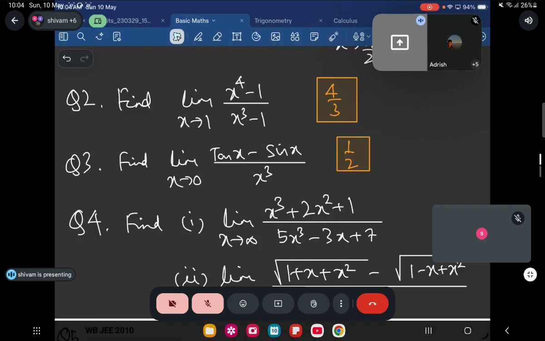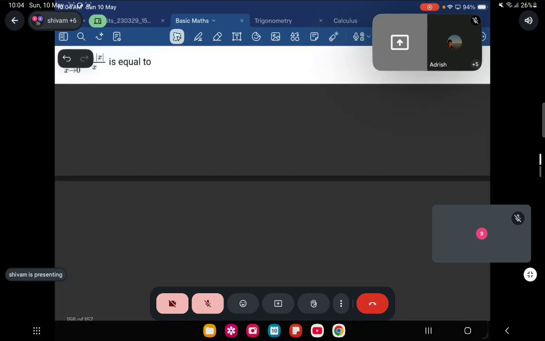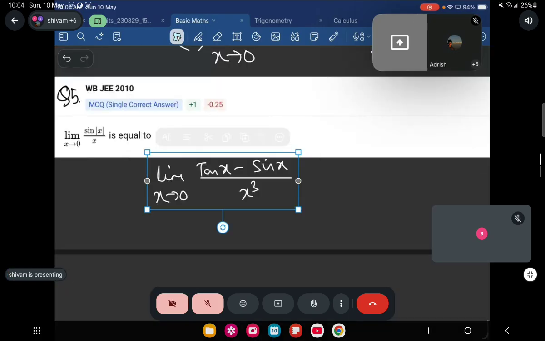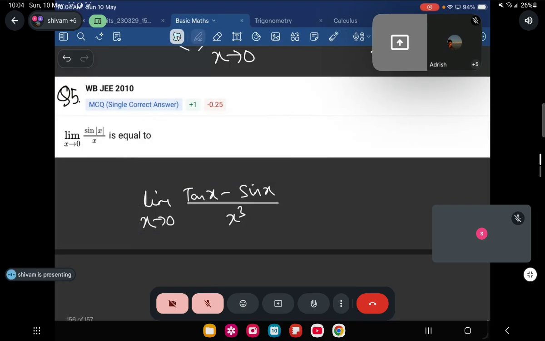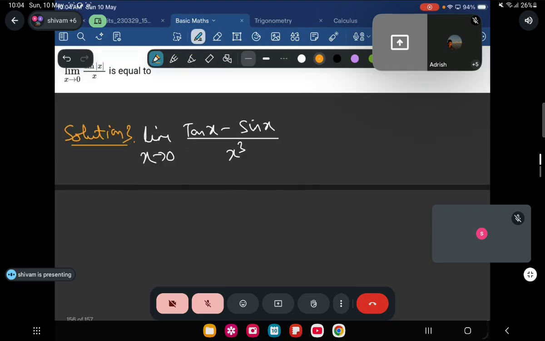Okay, so when you substitute x equal to 0, you can see it is 0 by 0 form, right? This is number 3.